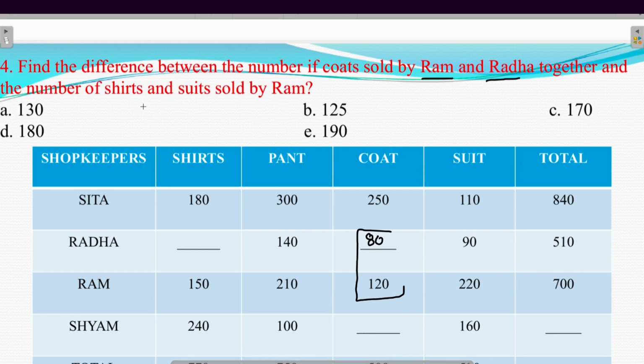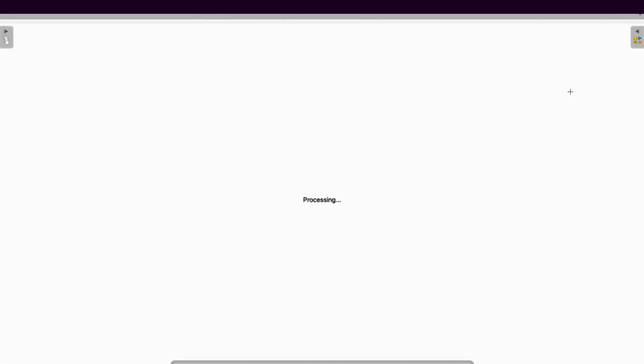Then Ram's number of shirts will be 150, suits will be 220, total 370. So that difference I want. What is the difference? 170. Your answer will be 170.